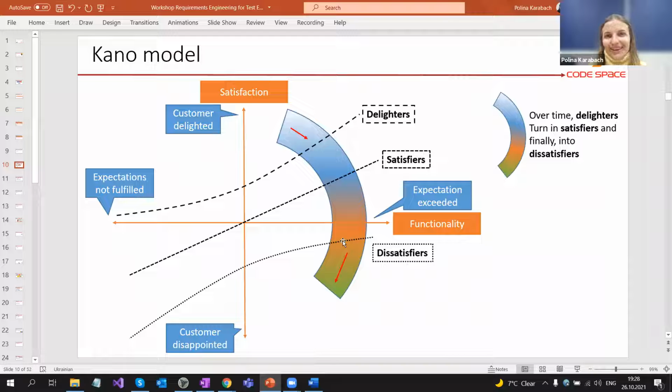And previously, when it just appeared, it was really an amazing functionality. And the thing that I didn't mention about delighters is that even if we put just a little bit of effort into the delighter feature, we already cause a certain amount of satisfaction. So we're already in positive numbers for the satisfaction of the user.